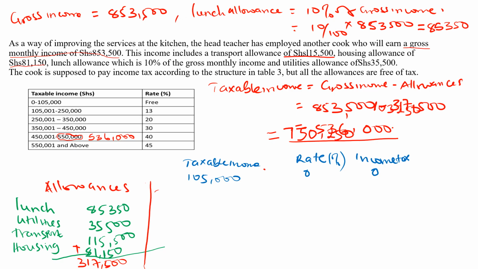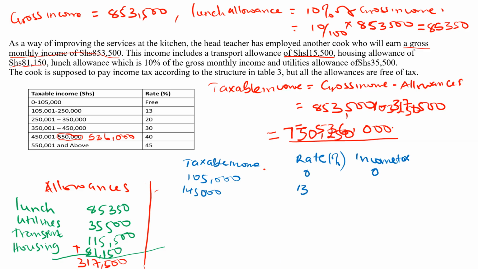No, replace that one as a 0. So when I subtract 250,000 minus 105,000, we shall get 145,000. So you shall have 145,000. And the rate here is 13.